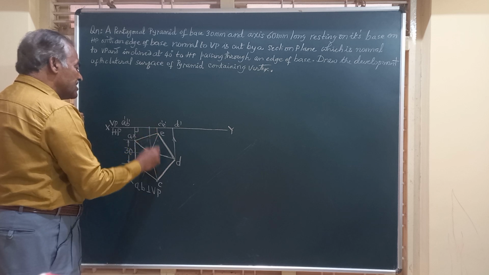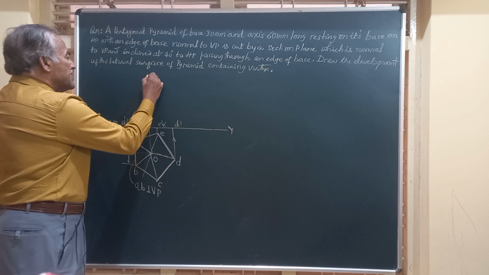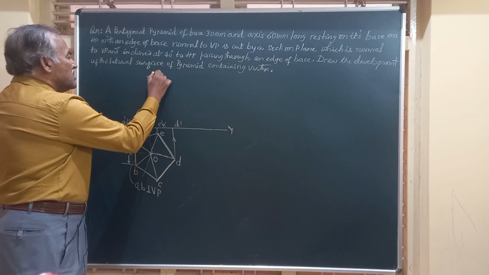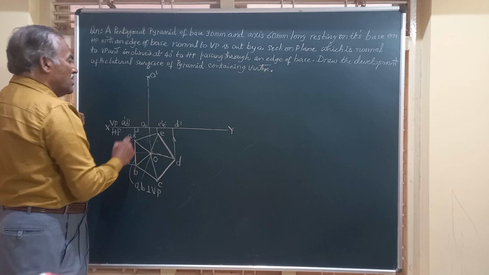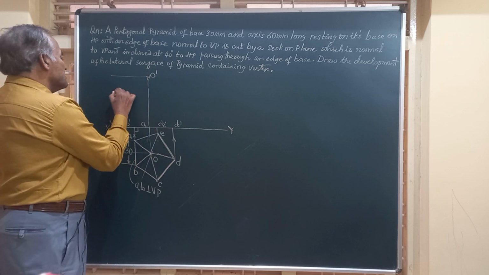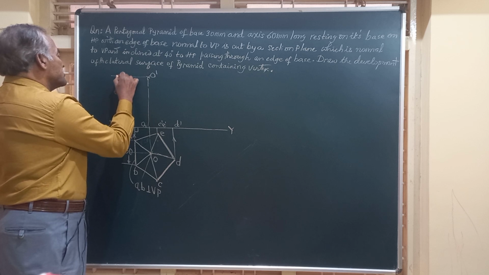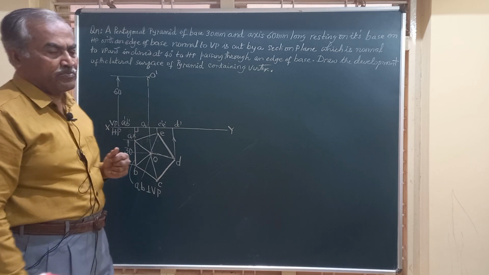Through the center, we draw a vertical line, and above this it represents the axis, and we mark it as O dash, O1 dash. The height of this pyramid is given to be 60, so O dash is marked at a height of 60 millimeter above HP.